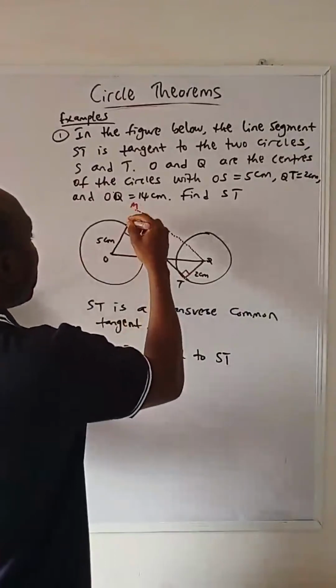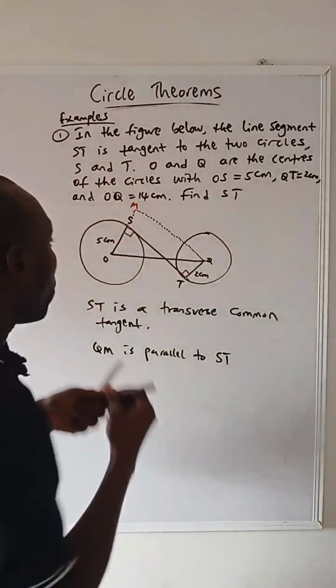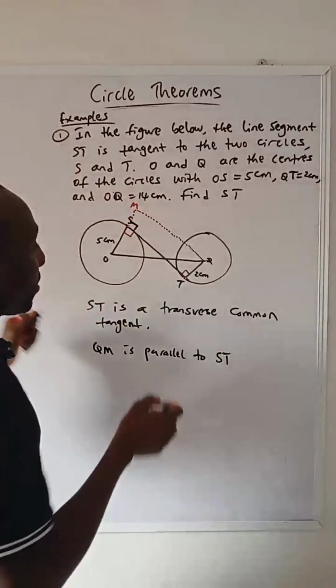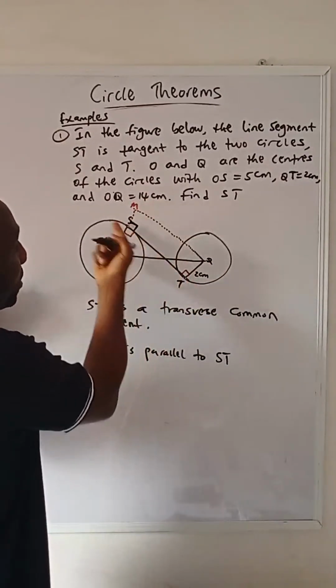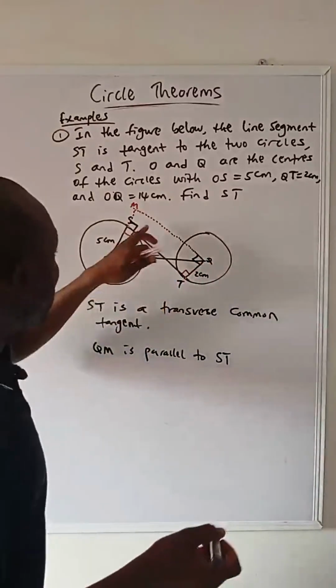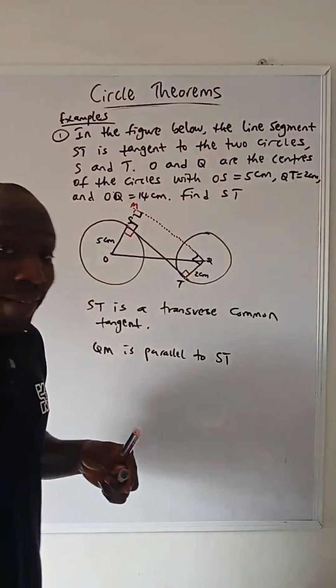So if I join this now, what I have with a right angle is a rectangle, because this is 90 degrees. And because this line QM is parallel to TS, this is also 90 degrees. So what we have here is a rectangle. And you know what rectangles are?